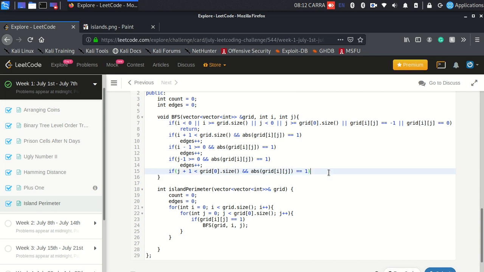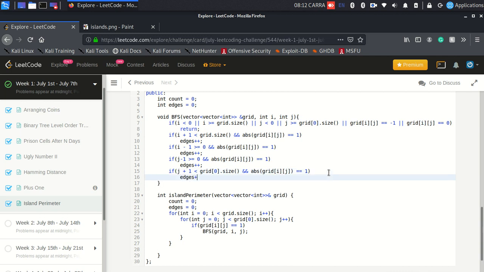One thing that I did wrong is that when I'm at grid a comma b, I need to see grid a plus 1, b; a minus 1, b; a, b minus 1; and a, b plus 1. So I need to change these to i plus 1, i minus 1, j minus 1 and j plus 1. That's it. So this edges count would see how many common edges I share.